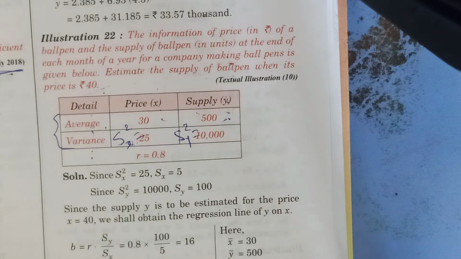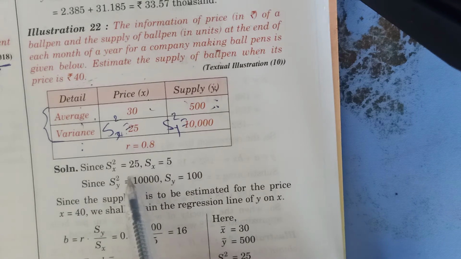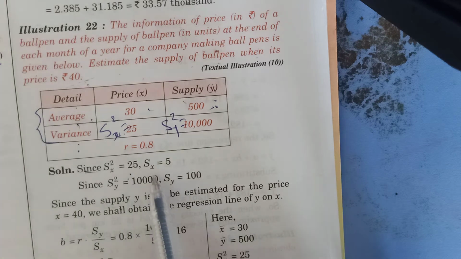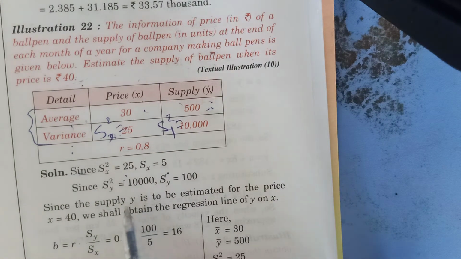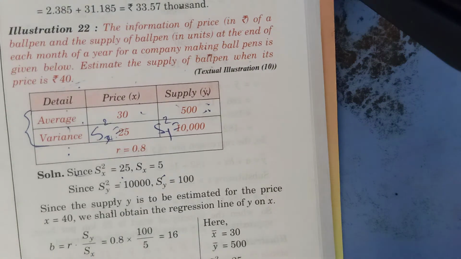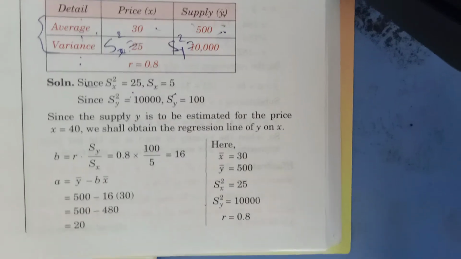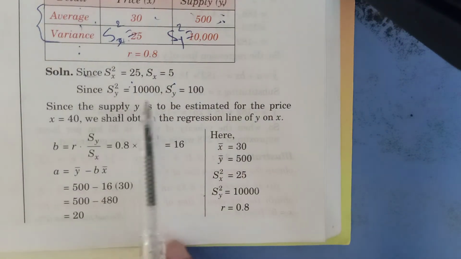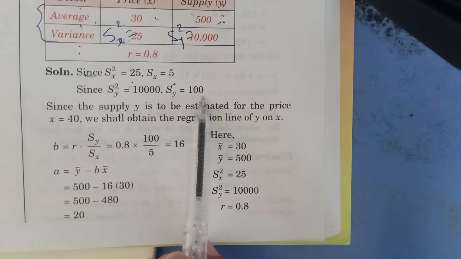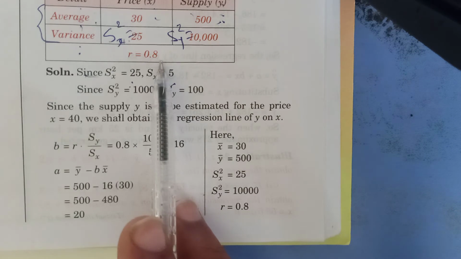So from Sx square and Sy square we have to find Sx and Sy. Sx square is 25, so Sx is 5 under root, and Sy square is 10000, so Sy is 100 under root of Sy square. R is provided, 0.8.